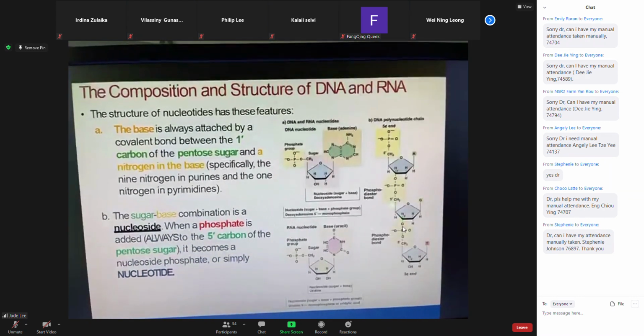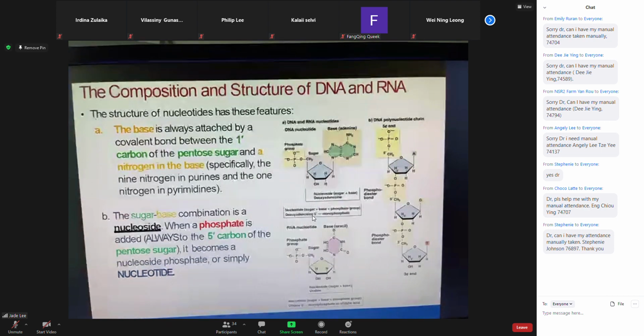This is carbon 1, and it's attached to the base. So you see, a nucleotide is the sugar plus base plus phosphate group.